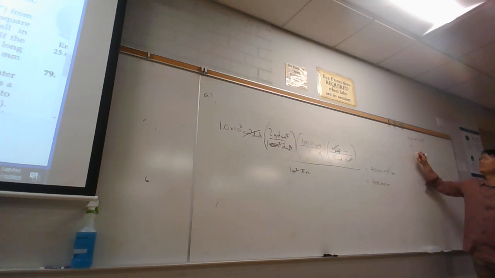Q is going to be in units of joules. M is in units of grams. C is the specific heat in joules per gram degree C. T is in degrees C. So this particular equation comes from dimensional analysis. That is, if I want to know how many joules, I got to get the grams to cancel. I can get them to cancel like this. And I got to get the degree C to cancel. And I get it like this.